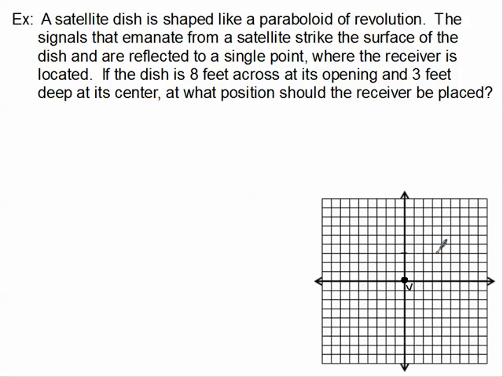It says 8 feet across. So that must mean that 4 of the feet are this way, 1, 2, 3, 4, and that 4 of the feet must be this way, because it is going to be a symmetric paraboloid, 1, 2, 3, 4. So ultimately, this is a picture of our satellite dish. And again, we just chose to put it right there.